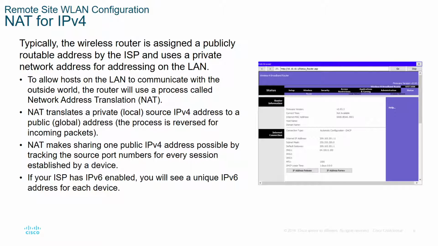The process is reversed for incoming packets. NAT makes sharing one public IP version 4 address possible by tracking the source port numbers for every session established by a device. If your ISP has IP version 6 enabled, you will see a unique IP version 6 address for each device.